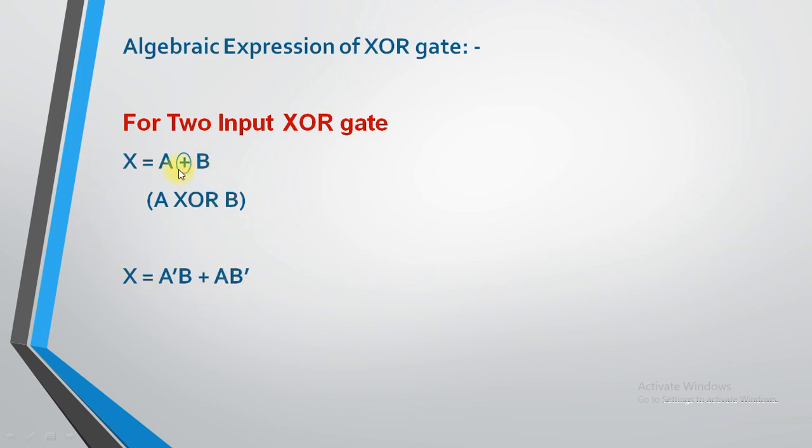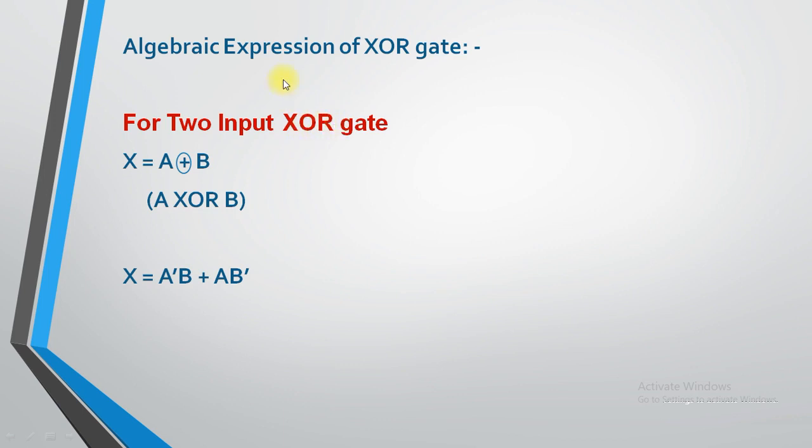Now if OR gate is there, what is the formula? A plus B. Is that clear or not? We have already understood in the previous video that X equals A plus B is the formula for OR gate.